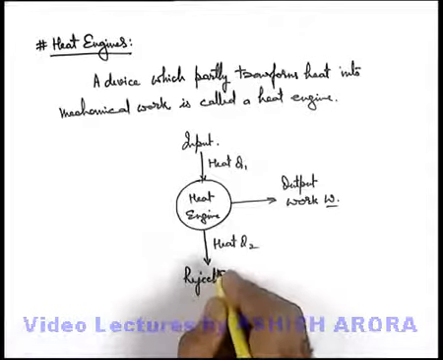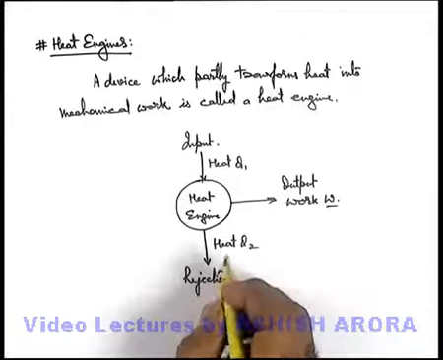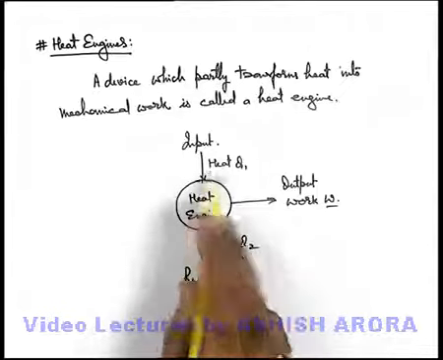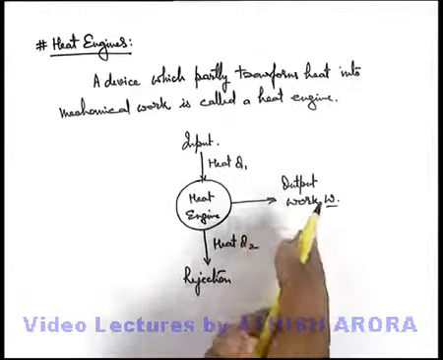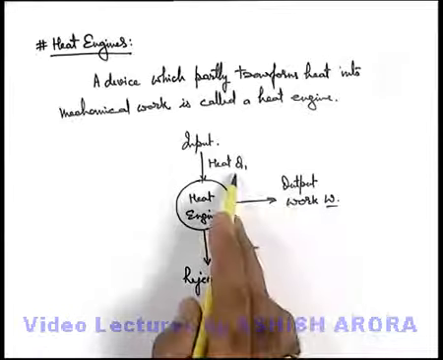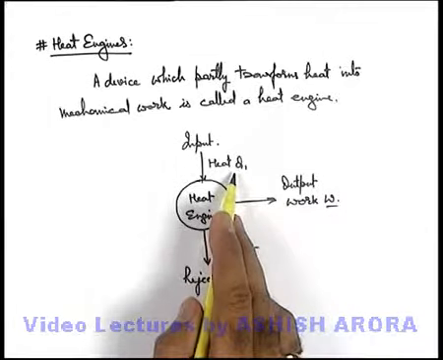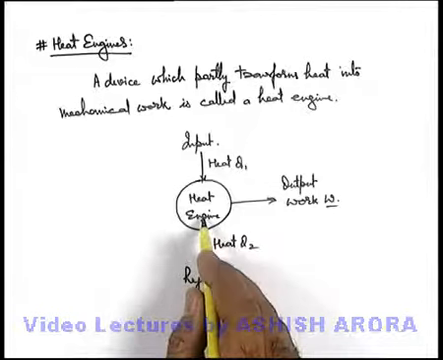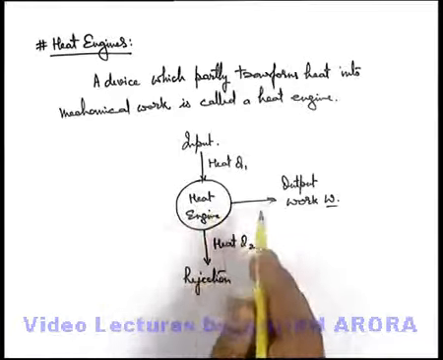As we have studied in second law of thermodynamics that 100% transformation of heat to work is not possible. That means work will always be a fraction of a supplied input heat, and the remaining amount of heat will always be rejected by the heat engine before completing the cycle.